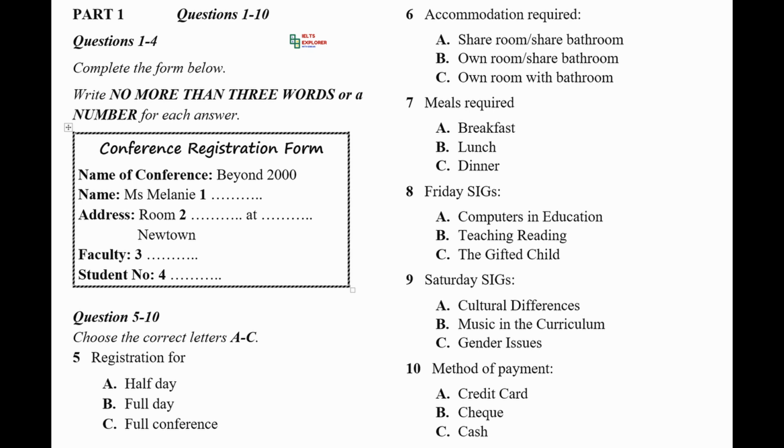Is that Mitchell? Yes, that's right. And that's Ms., not Miss. OK, fair enough. And what's your address, Melanie? I live in student accommodation at Sydney University, so my address there is Room 66, Women's College, Newtown. OK.